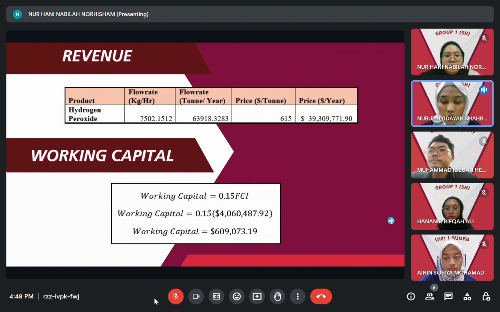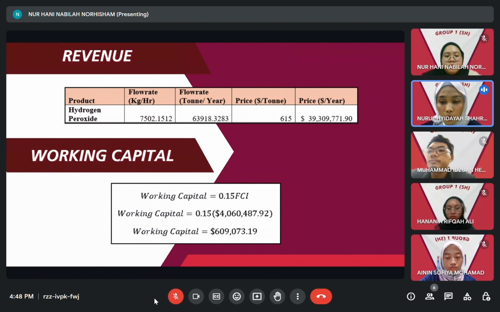Next, we go to the revenue and working capital. For the revenue, since our product is only hydrogen peroxide, the price per ton for hydrogen peroxide is about $615 per ton, and for per year we calculated the revenue is about 39,309,077 per year.